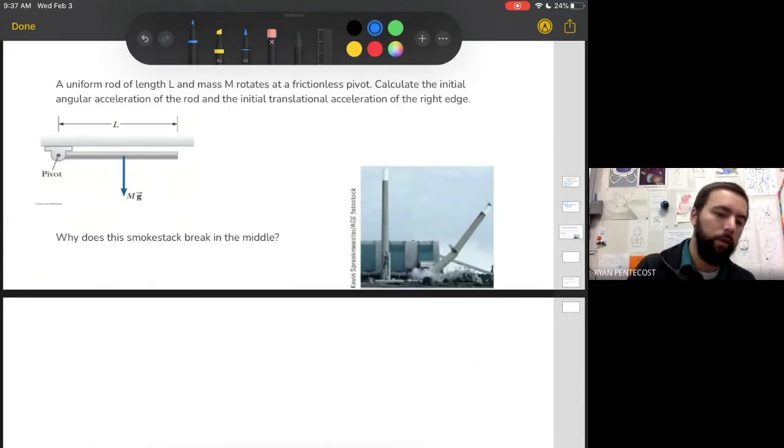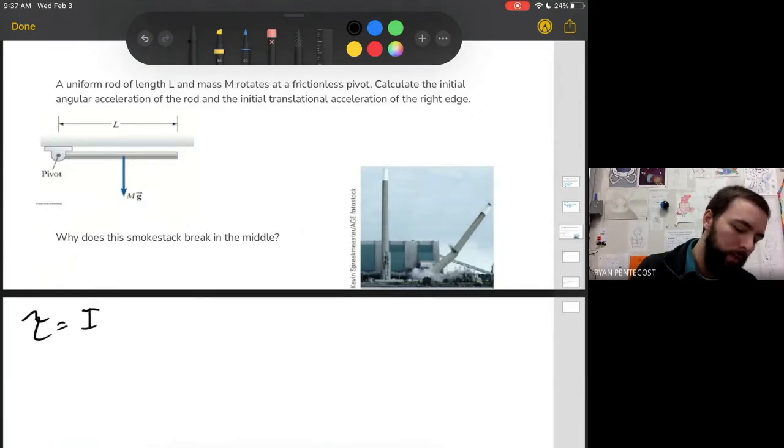So here we're going to use torque equals I alpha. But here we want alpha. So alpha will be torque divided by the moment of inertia.